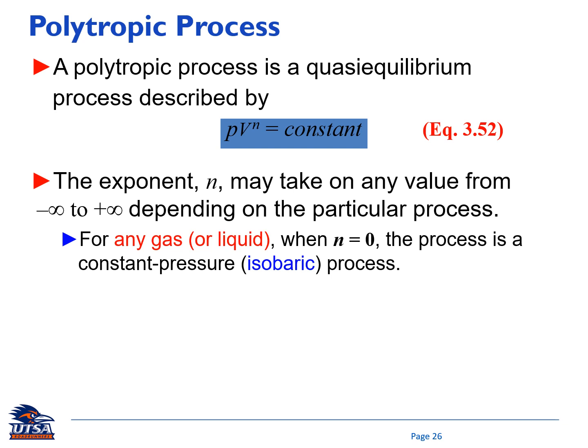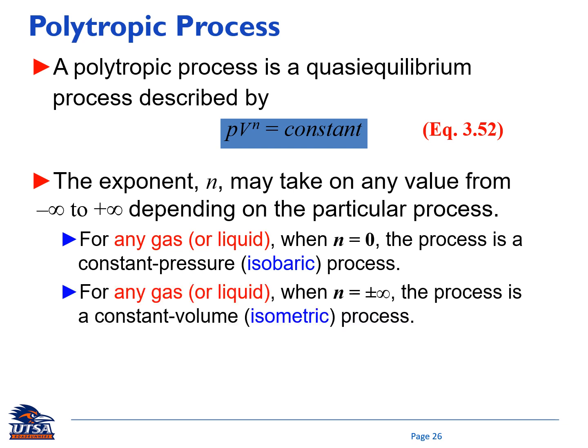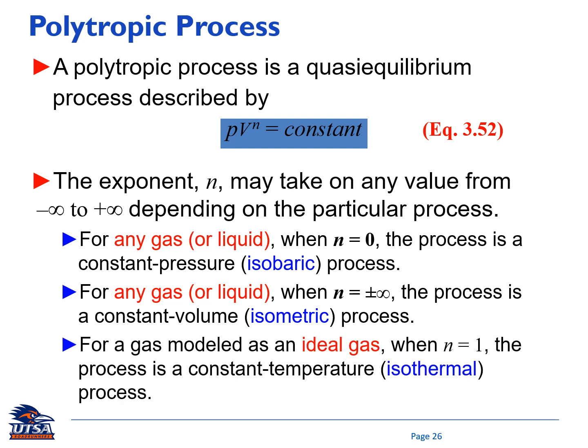For any gas or liquid, when n equals 0, P times V to the power of 0 equals constant, so P equals constant, and the process occurs under constant pressure, or an isobaric process. For any gas or liquid, when n equals plus or minus infinity, we have a constant volume process, or isometric process.